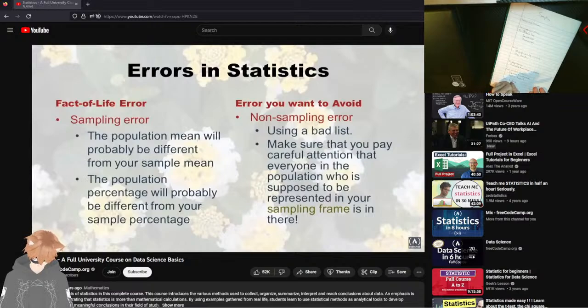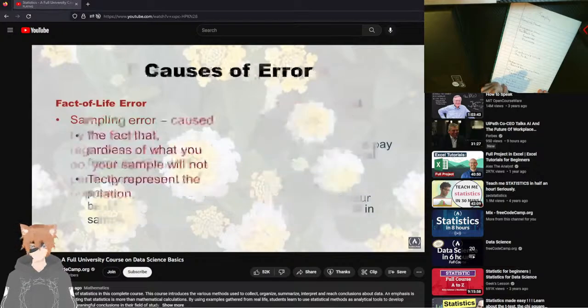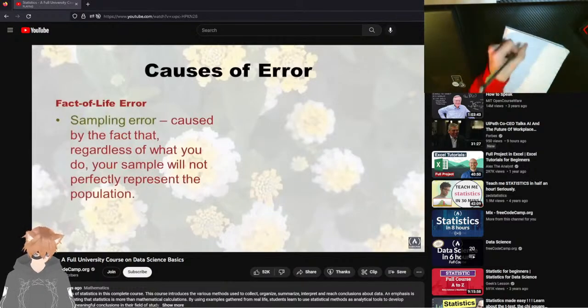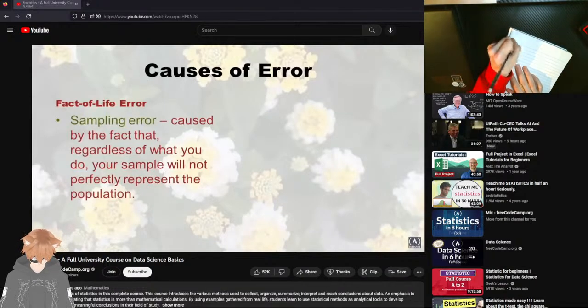You have to pay careful attention that everyone in the population who's supposed to be represented in your sampling frame is actually there. I should have done a better job calling the professional society and making sure that this list was a good list. So sampling error was caused by the fact that regardless of what you do, your sample will not perfectly represent the population.